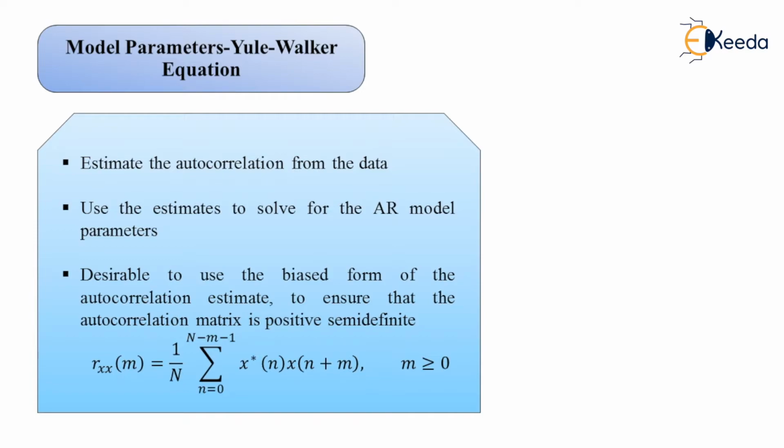Here we have the mathematical expression to represent it. It is represented by r_xx of m, which on the right-hand side is 1 upon capital N multiplied by the summation from n equals 0 up to capital N minus m minus 1 of the conjugate of x of n multiplied by x of n plus m, where m is greater than or equal to 0.